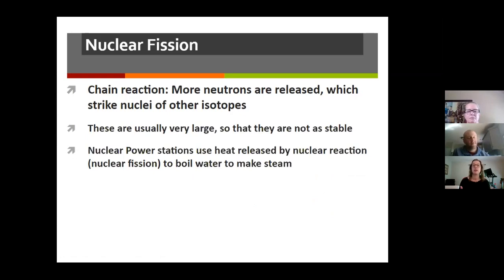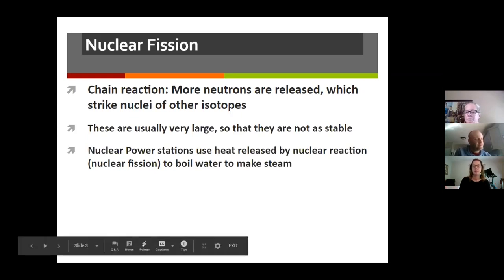Because of this, these are usually very large and not as stable. Nuclear power stations use the heat released by the nuclear reaction to boil water and make steam. That steam then turns turbines and creates the energy, which you're going to see later.